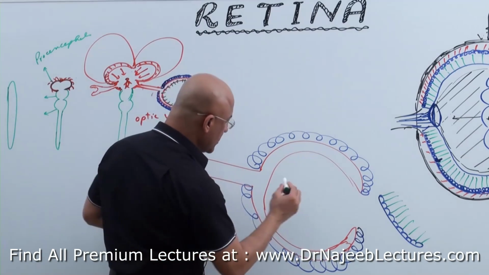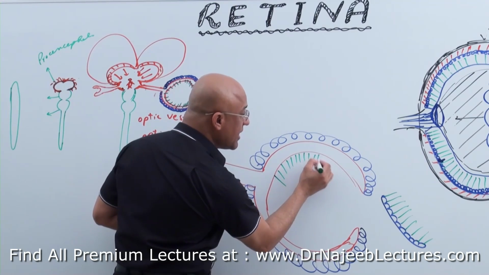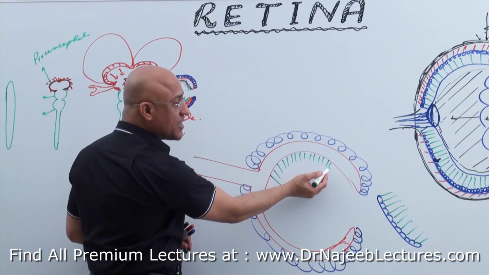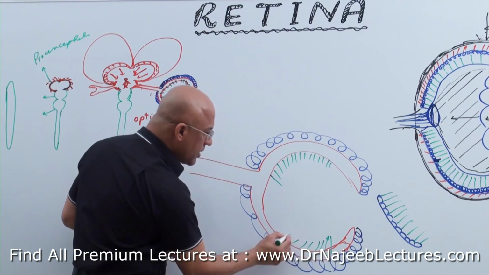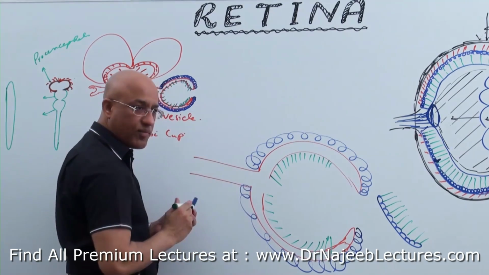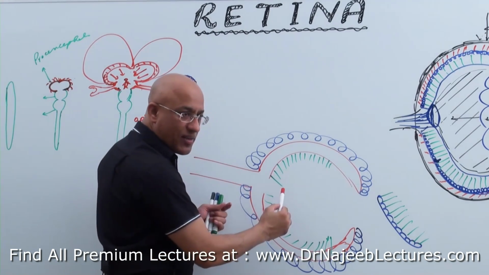And what is this layer? Rod and cone neuronal layer. This neuronal layer, rods and cones, terminates here, and here also rods and cones terminate. This point becomes the optic disc, right? Now this is the neuronal layer.